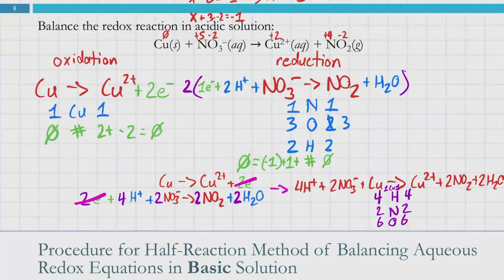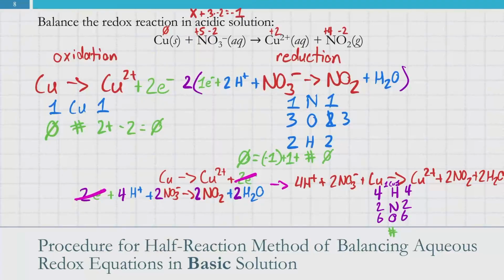And then charge. For charge, we've got 4 plus, 2 times 1 minus, 2 plus. On the right side, 2 plus. Questions about any of those steps?